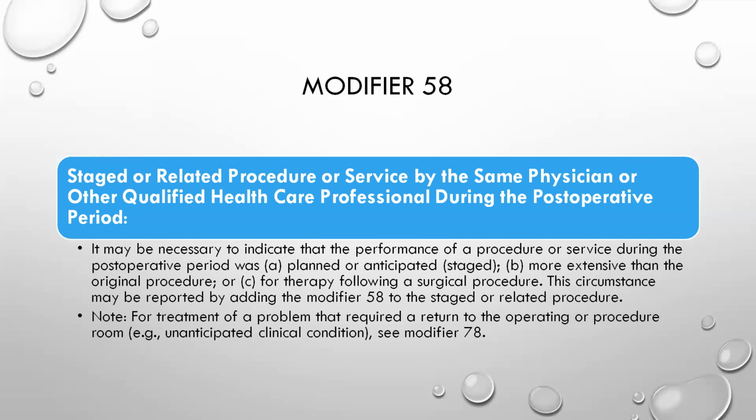So typically the documentation that you want to see in order to appropriately bill a modifier 58 is in the original procedure note. They either couldn't perform the second service, or it's one of those procedures where it may require an additional debridement, or they did a PCI on one vessel and they're staging an additional PCI.